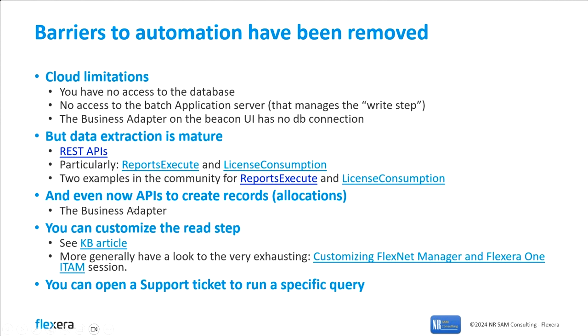And I would say, the business adapter is still a good option to create records in ITAM Cloud because you have any object exposed and it's quite powerful. So I'm not a big fan of creating records through REST APIs, but that's a possibility. And this is more technical, but you can customize a read step of an integration.